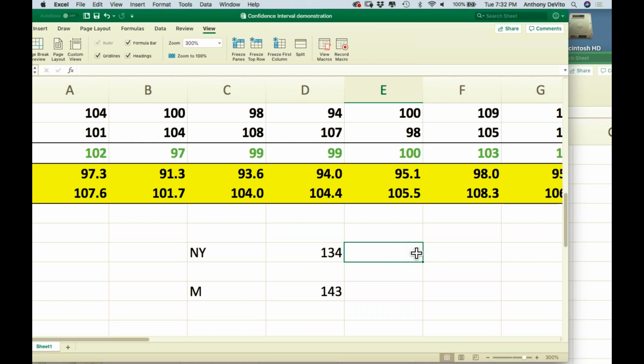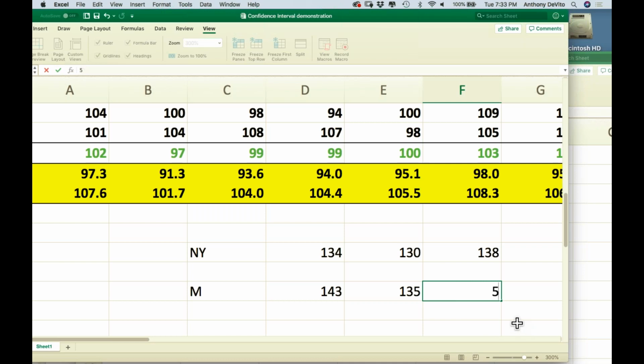Let's say the confidence interval for New York turns out to be 130 to 138, and for Miami it turns out to be 135 to 151.